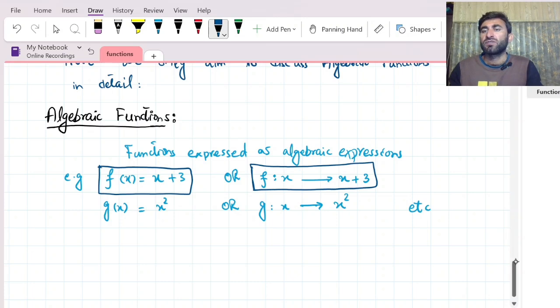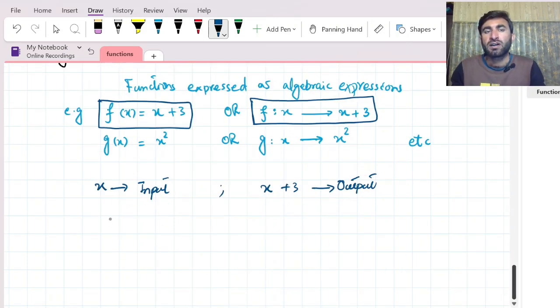All right, what does it mean? That here x is the input, while what is the output of this function? x plus 3 is the output of this function. So if I take an input of, let's say, 5, x is equal to 5, then what will be the output?